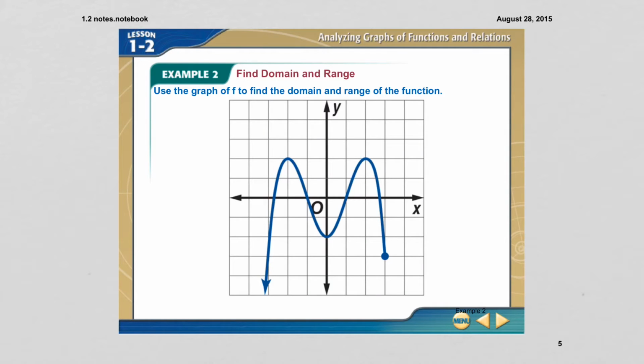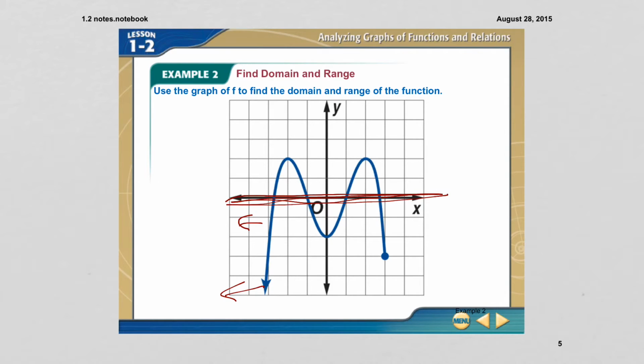Next, we're going to use the graph to find the domain and range of the function. Well, the domain are the x values. So if I follow along the x-axis and look for the function as I'm going along, I can see where the function exists. Over here on this side, I see that my function will continue on going that direction.